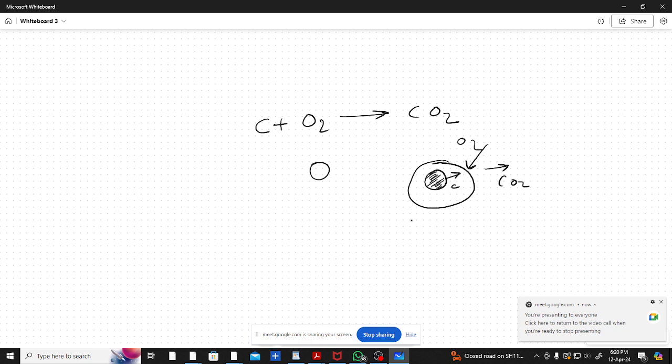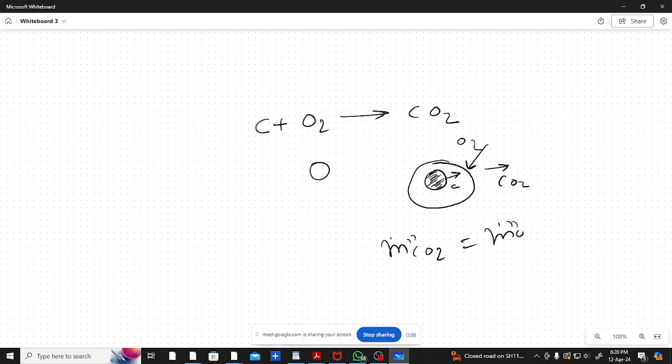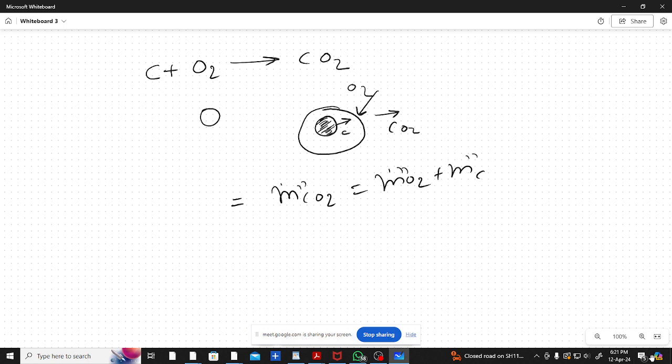See, now this carbon is reacting with the oxygen and it is producing the CO2. So can you answer the mass flux of carbon? Mass conservation will always happen, right? So now, can you answer this question now?